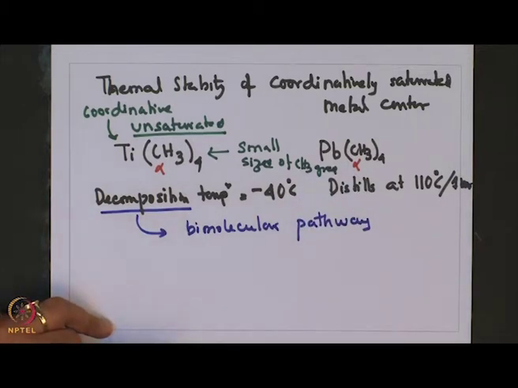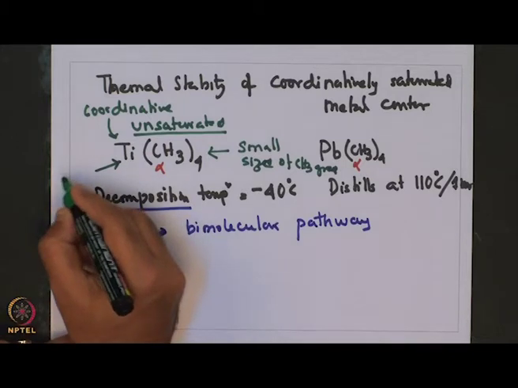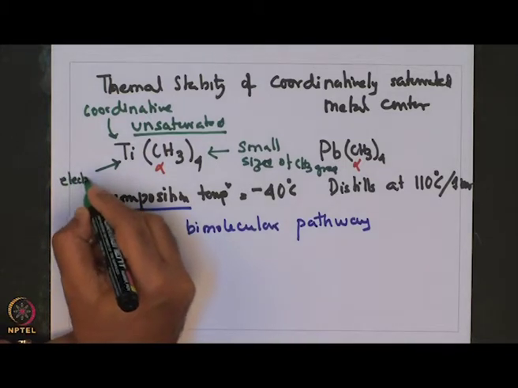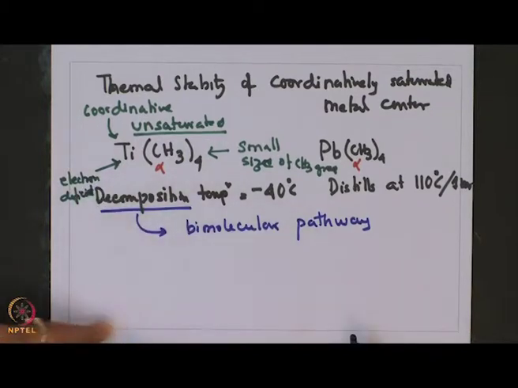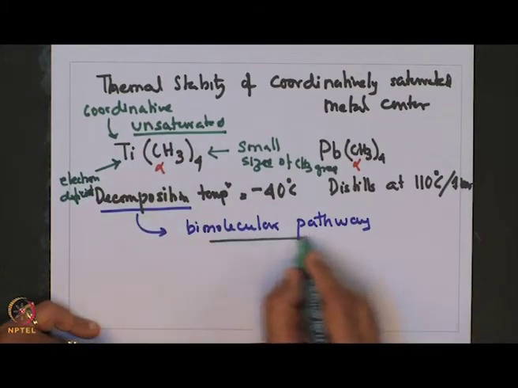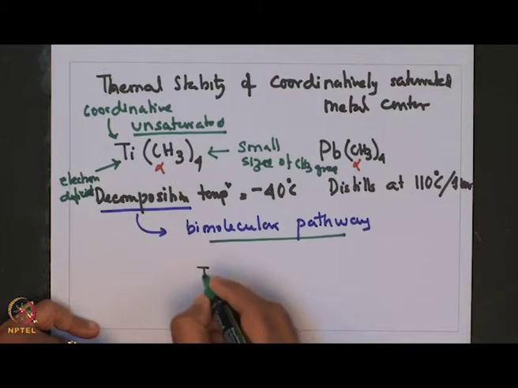As a result, titanium, being an early transition metal and extremely electron deficient, can undergo this bimolecular pathway by attacking the titanium methyl bond of the neighboring molecule.